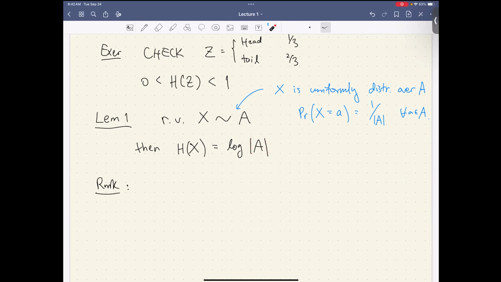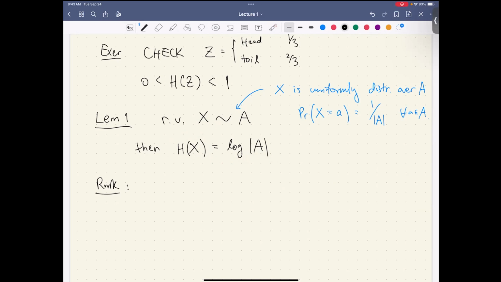We want to get an estimate on how large the set A is. Then we know that when we uniformly sample an object from A, the entropy of this random variable is directly linked to the cardinality of A. If we have a way of getting bounds on the entropy of this random variable, then we will have a way of bounding the cardinality of A.